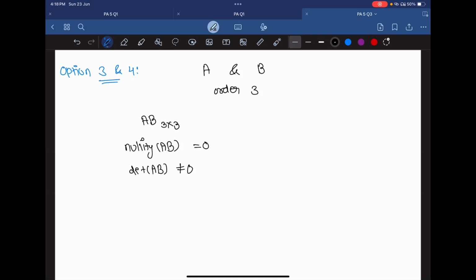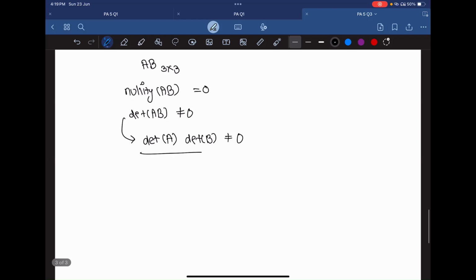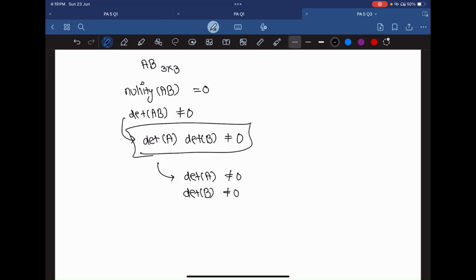We know from the property of determinants that the determinant of AB is equal to the determinant of A times the determinant of B, and that should not be equal to 0. And as the determinant is a real number, from here we get that the determinant of A should not be equal to 0 and the determinant of B should also not be equal to 0. Only when these two conditions are satisfied can this condition be satisfied.